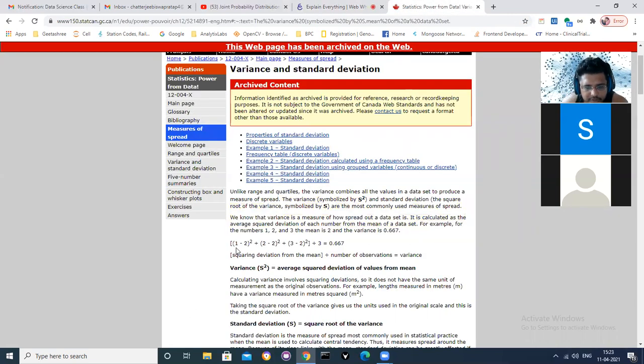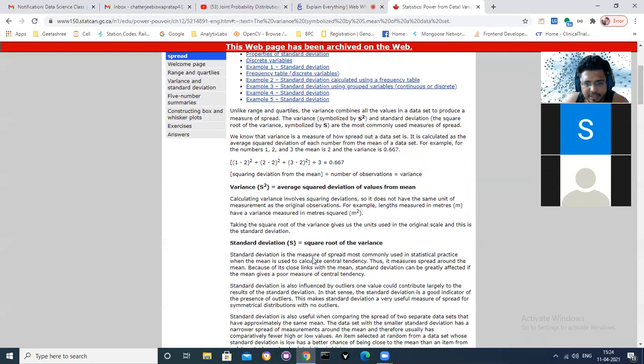So you see, 1 minus 2 square plus 2 minus 2 square plus 3 minus 2 square, where 2 is the mean, 1, 2, 3 are the 3 points. So I take their distance from mean and do a square, add them up, divide by the number of points, and I get variance. And if I take the square root of this variance, it is called standard deviation. Okay, so this is standard deviation.